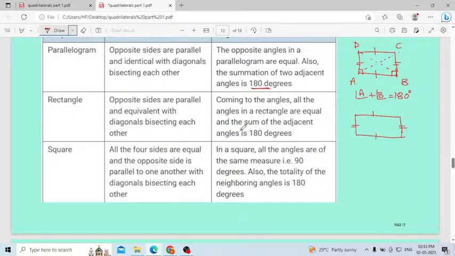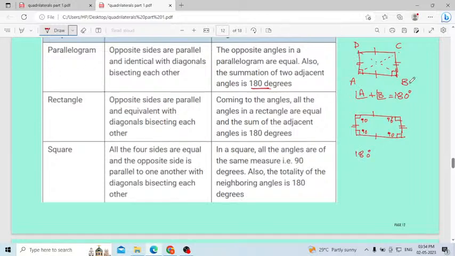But coming to the angles, all the angles in a rectangle are equal. See, all the angles will be 90 degrees. 90, this also 90, this also 90, this also 90. If you add any two adjacent angles, the sum will be 180 degrees.